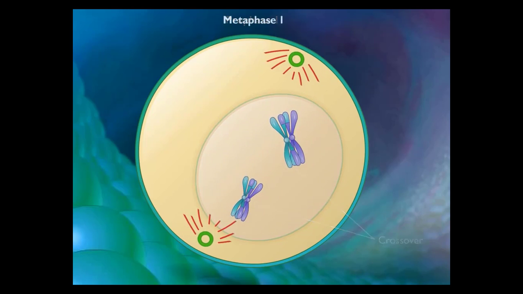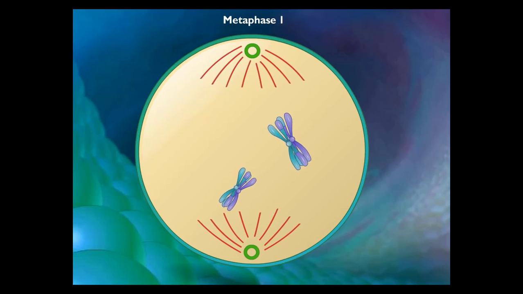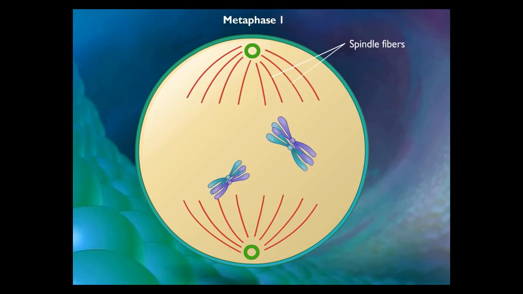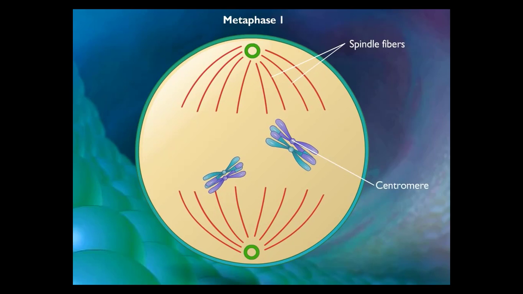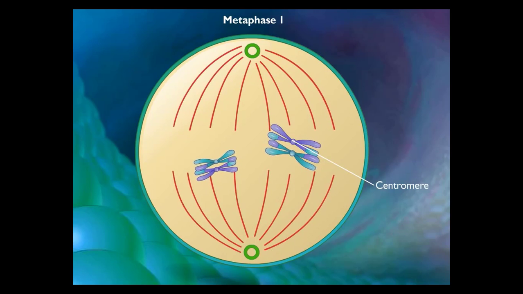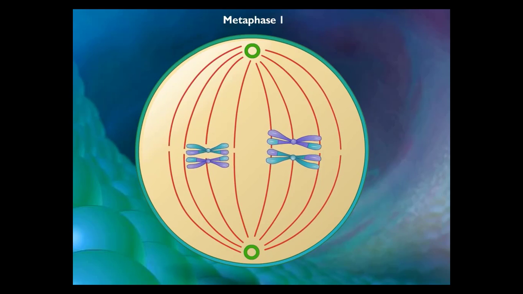By metaphase 1, the nuclear membrane has disappeared and the microtubules form a spindle. Spindle fibers attach to only one side of each centromere and the two homologous chromosomes attach to microtubules orienting from opposite poles. Each pair of homologs then lines up on the metaphase plate. Either maternal or paternal homolog may orient toward a given pole.